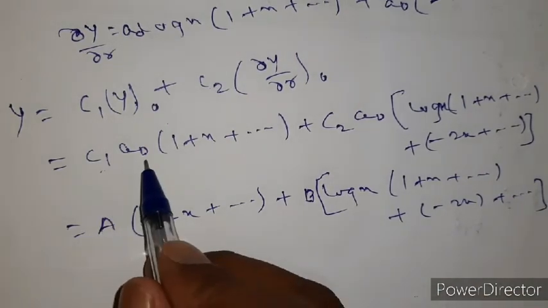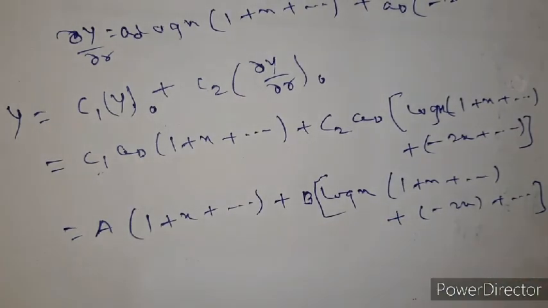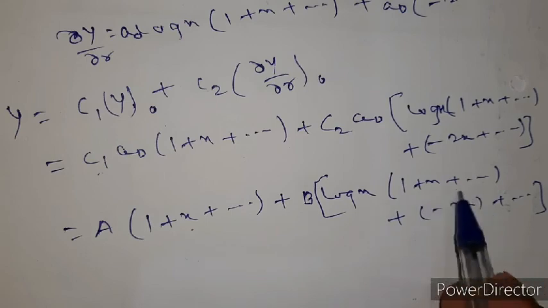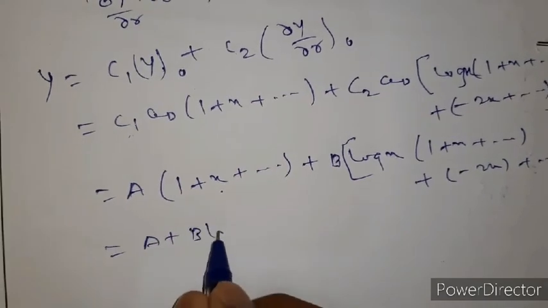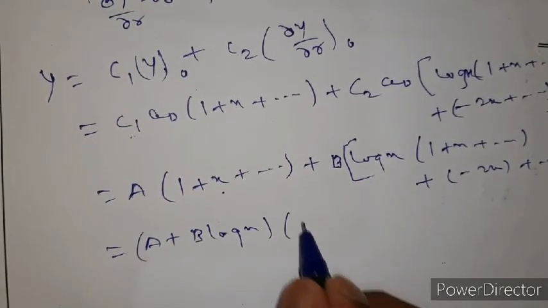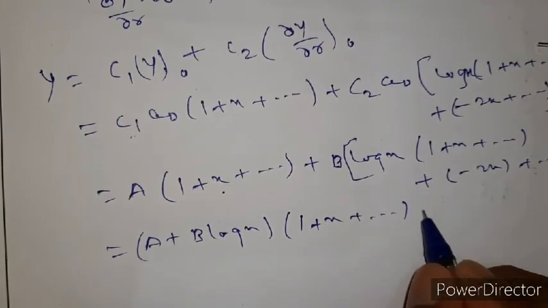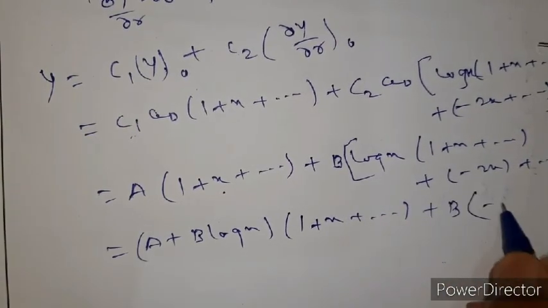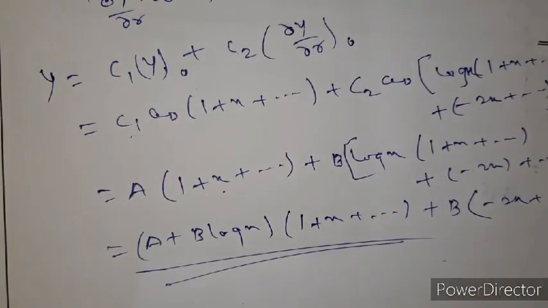If you keep c1 a0 as it is, no problem, but these are the constants. You can take a few more constants, right? And again you can take the bracket common, you will get a plus b log x, like that, no problem. So the final answer you may write in this way: (a plus b log x) into (1 plus x plus dot dot dot), plus b into (minus 2x plus dot dot dot). So in this way we will solve our problem. Hope you have understood.